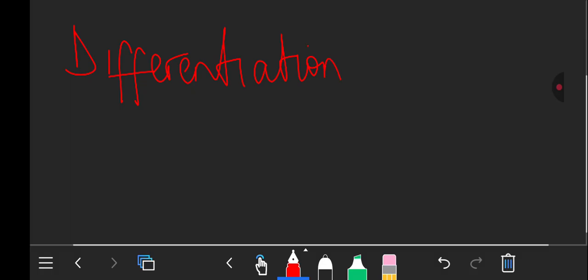Let's say you are asked to differentiate sin x. The derivative of sin x, with respect to x, is just cos x.